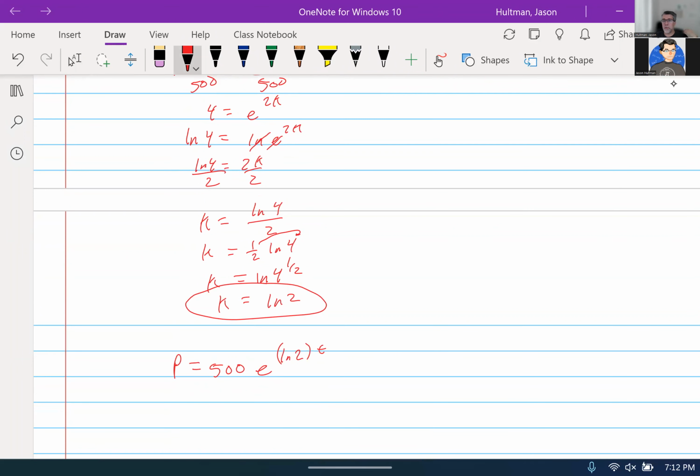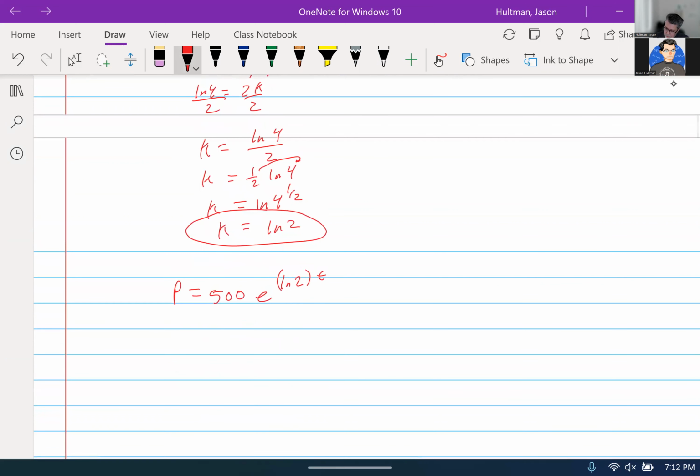We want to know what's our doubling time. What happens to be our doubling time here? So what I'm going to do is say, our doubling time would be when this 500 equals 1,000. So let's solve for time when we have 1,000 equal to 500 e to the t times natural log of 2. 1,000 is our final result, but we start with 500.